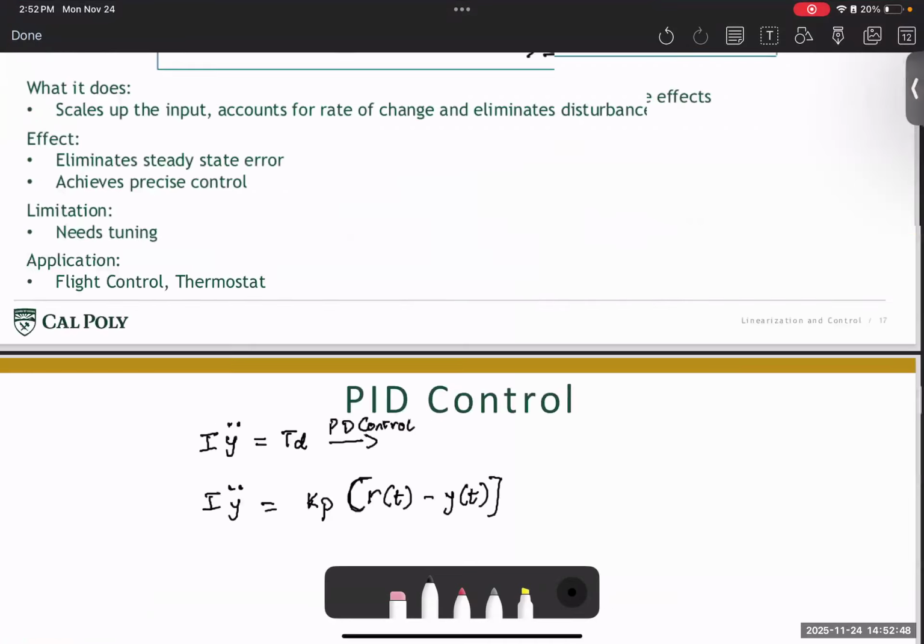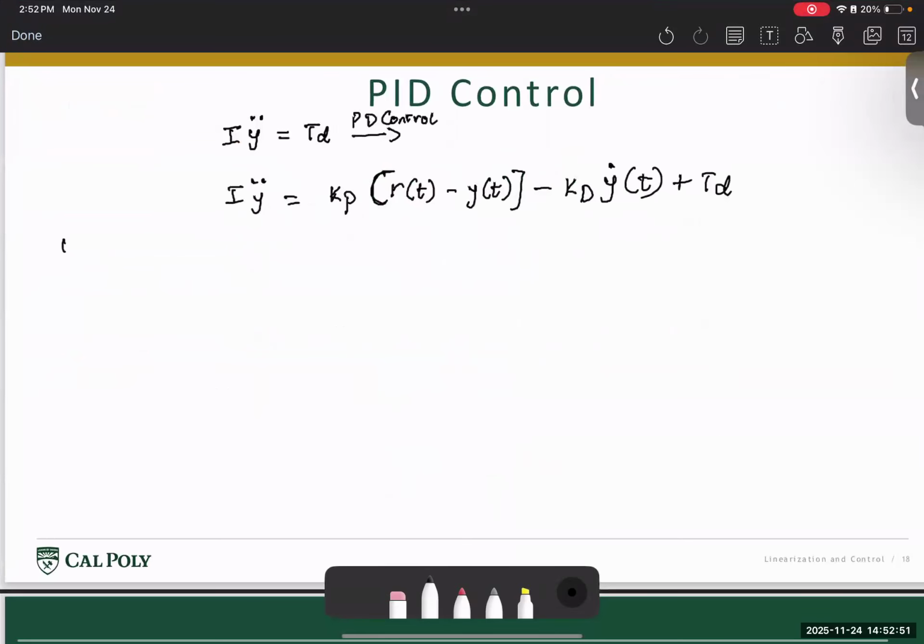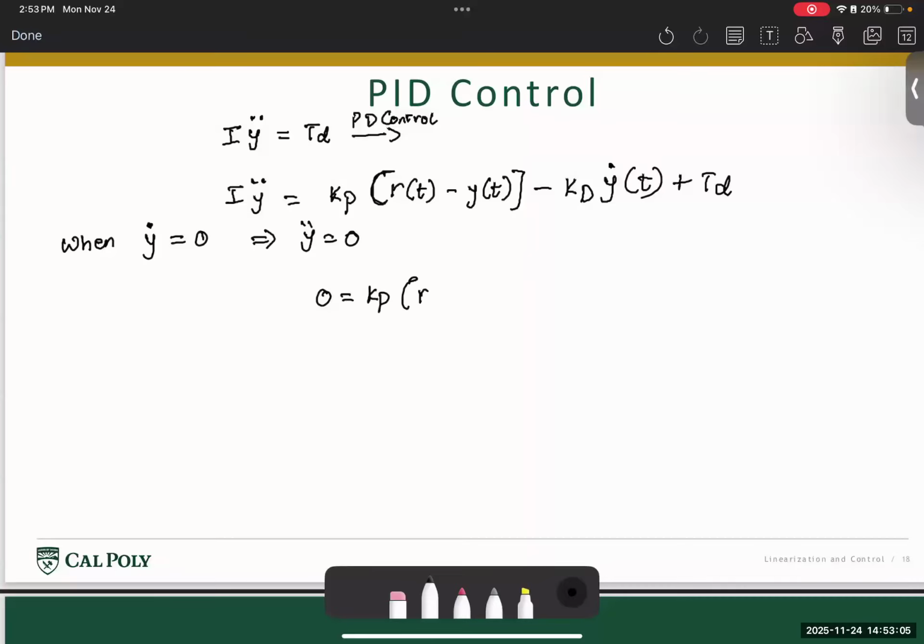All right, now let's consider a case when y dot is equal to 0. If y dot is equal to 0, then naturally y double dot becomes 0. Substituting this into this equation, we get 0 is equal to Kp times R of t, which is the reference, minus y of t, which is our output, minus Kd times 0 plus Td.